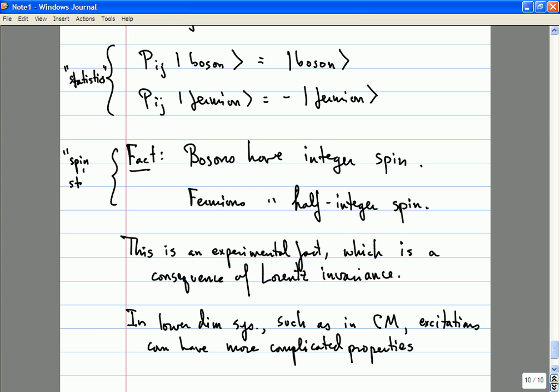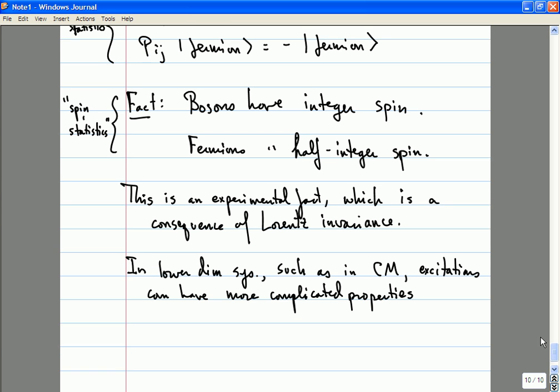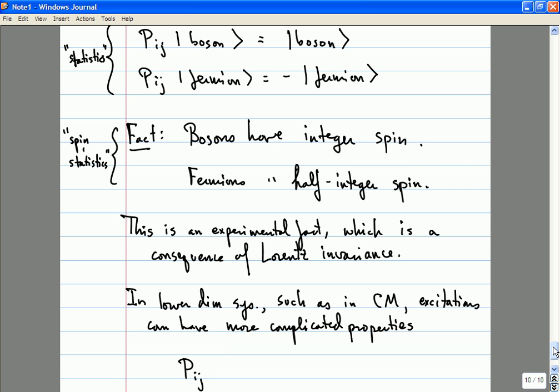And the possible statistics of a particle in lower dimensions can be more complicated. So it can take any sort of value under a permutation. So we call these excitations anyons. And if you take 2 anyons and you interchange them, you can actually get a phase times an anyon. Okay. And these are actually observed in nature.